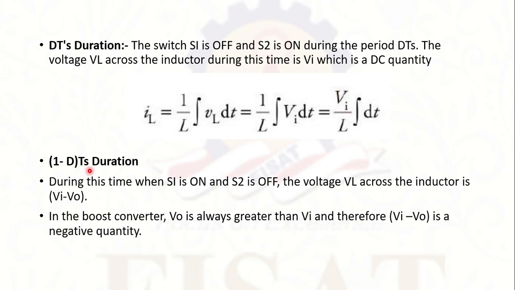And during 1 minus d into Ts time, switch S1 is on and S2 is off. The voltage VL across the inductor is equal to Vi minus Vo, like we discussed. So in the boost converter, Vo is always greater than Vi, and therefore Vi minus Vo is a negative quantity.